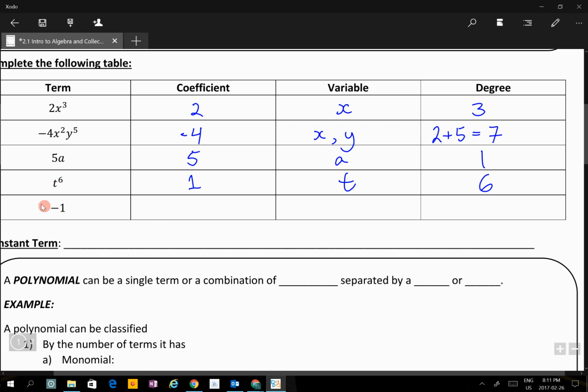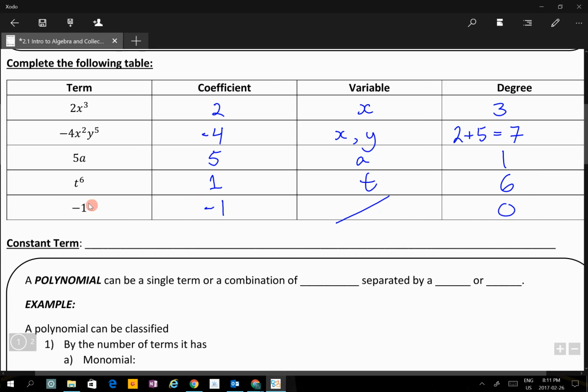And my last one, coefficient is -1. That's the constant value that you see. It includes negatives as well. Variables, there's nothing changing here in this term. The term is just -1 all the time, no matter what you do. It's always -1. So I'm not going to say there's any variable here. And the degree is going to be 0 because there are no variables, meaning there are no exponents for those variables, so the degree is 0. It's a constant term.